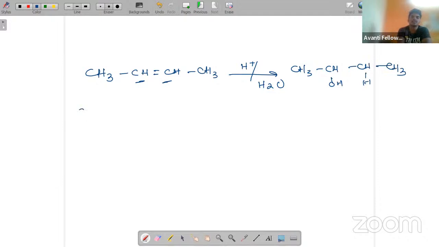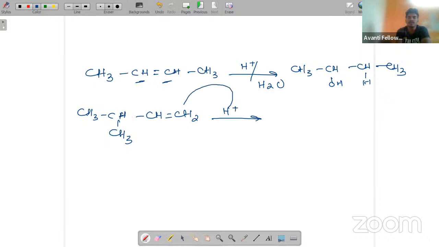Next one, CH3-CH=CH2 with a methyl-substituted chain. Now if I am going to take the H plus, what is the first step? H plus will attack the carbon where you have more hydrogens. Two hydrogens are there. Now what is the carbocation formed?